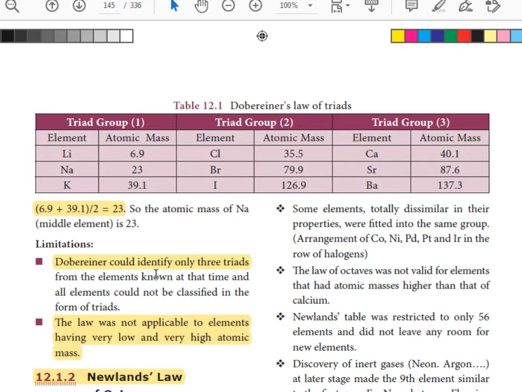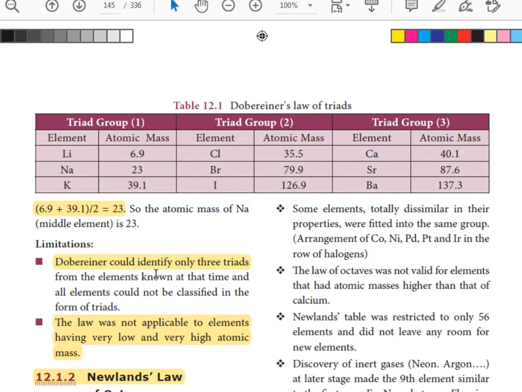Okay, so next we are going to discuss Newlands' law of octaves. What is it? Newlands' law of octaves. So Dobereiner's triad failed, but he was the first to initiate the classification of elements. Based on that, various scientists proposed their classification of elements.